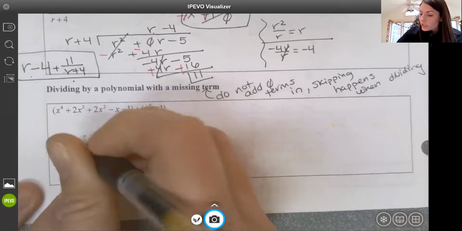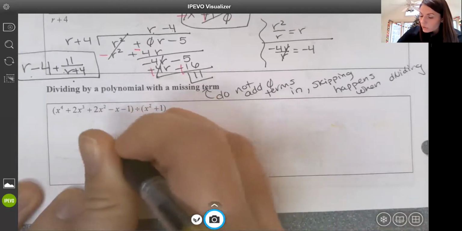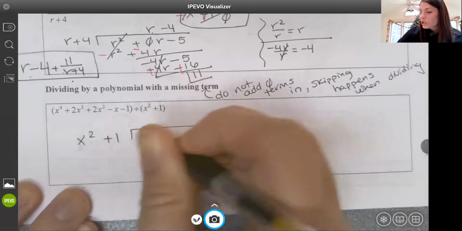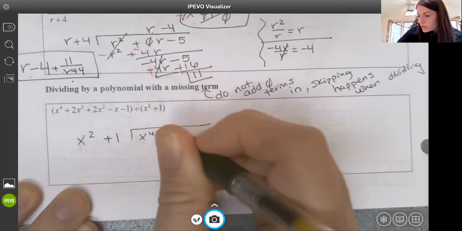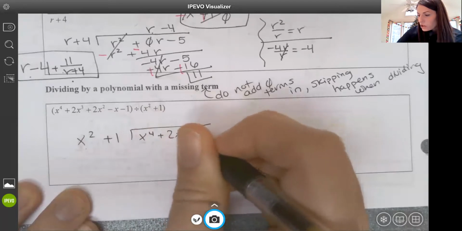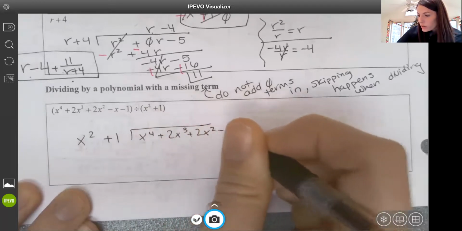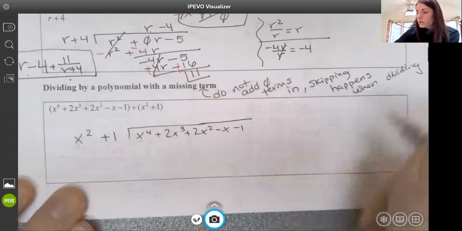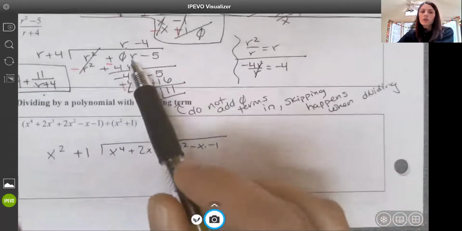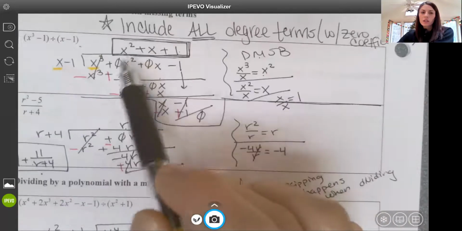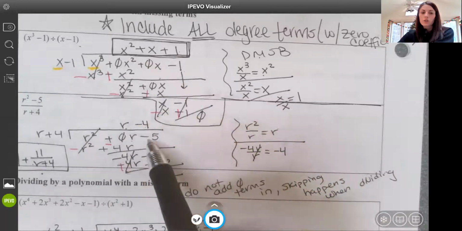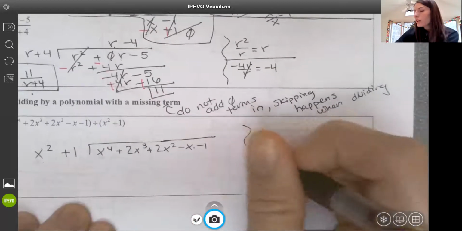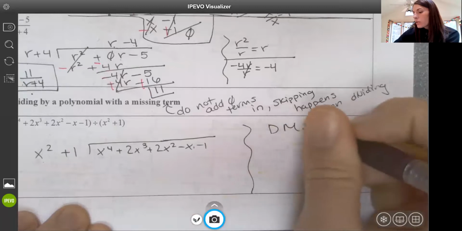But my divisor is x squared plus 1, meaning I'm missing my x term out front. It does look a little different in terms of how the work pans out when that happens. It's not as important. I don't need to worry about having a 0 there like I do when what I'm dividing into is missing a term. But divide, multiply, subtract, bring down.